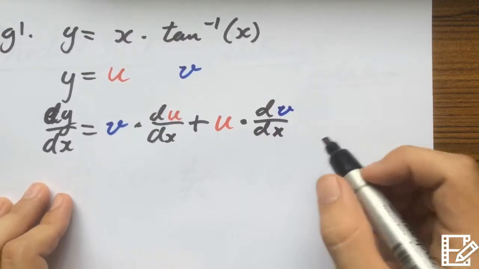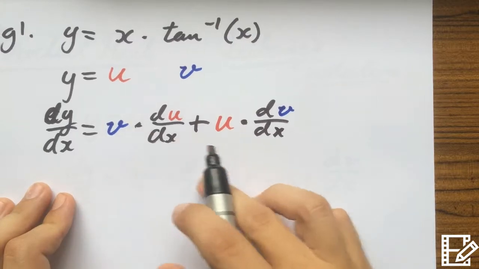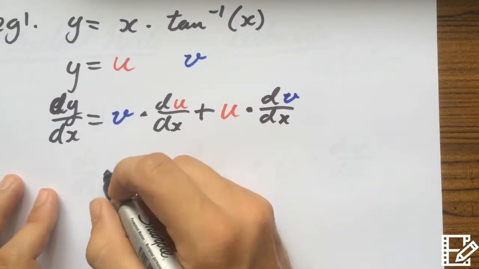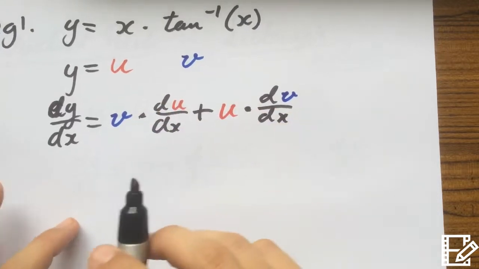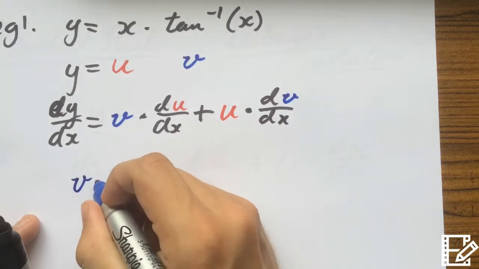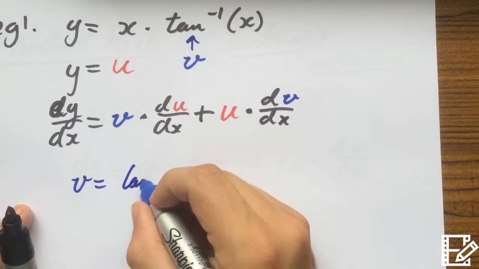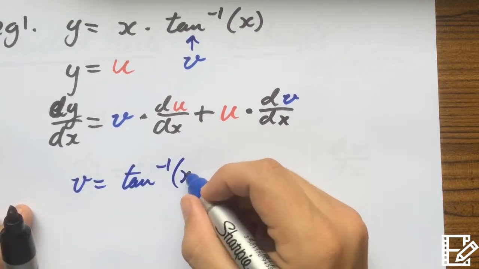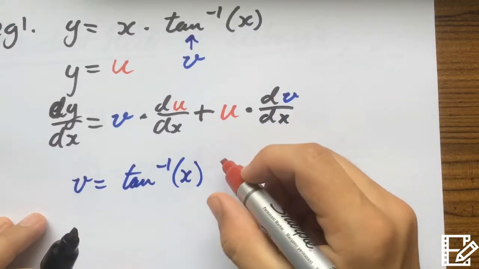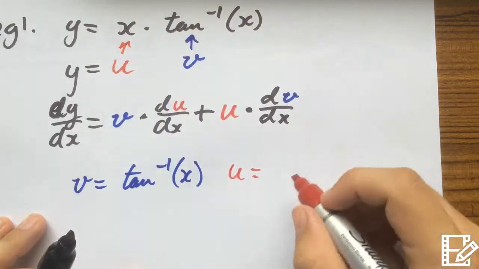Okay, so what do we need to know? We need to know v, u, the derivative of u, and the derivative of v. So let's write that out. We'll say that v is inverse tan x, and we'll say that u is equal to x.